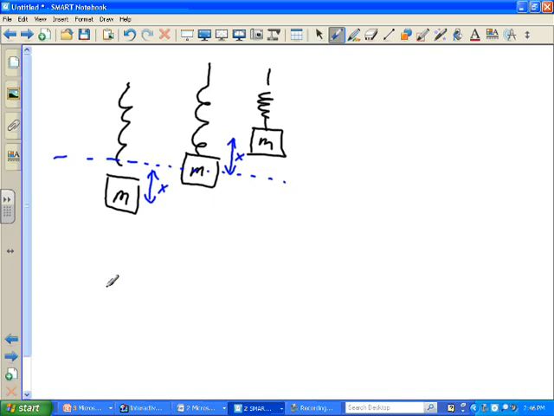Now, if we apply Hooke's law, which recall is the force of restoration in a spring is equal to negative k times x, x being the displacement from equilibrium. And then, of course, for this situation, that would be a net force from the spring. So that's going to be equal to m times a according to Newton's second law.